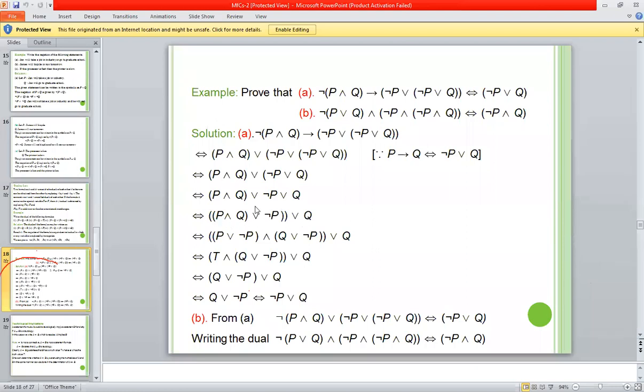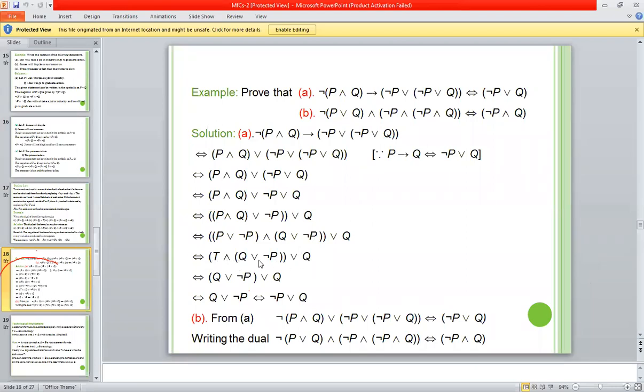Here we are applying the distributive law. So (P or negation P) and (Q or negation P or Q). P or negation P is equivalent to true by the negation law.